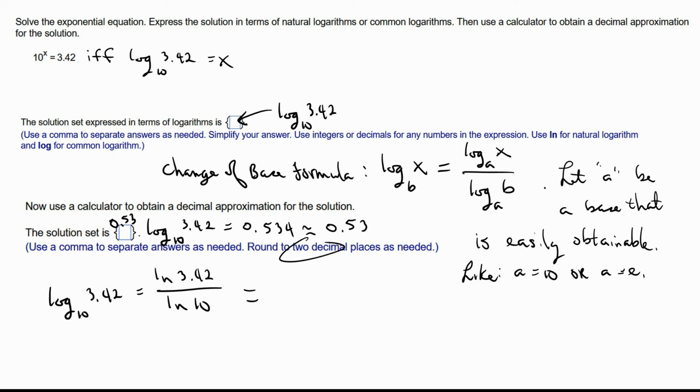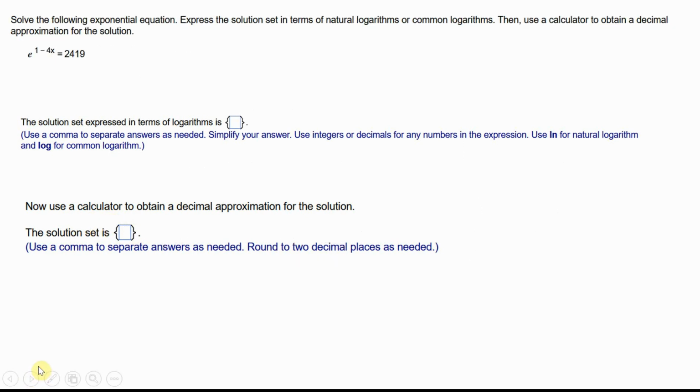I'm going to hit 3.42 natural log divided by 10 natural log, equal, 0.534. Right? Didn't really need to change the base here because base 10, the common base, is already on the calculator. All right. Oh, this is cool. This is base e. So good thing there.